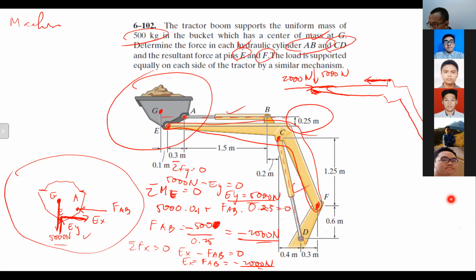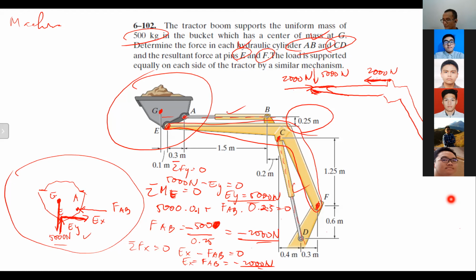So that's the way to determine the direction of the two-force member. Then at point B it is under tension as well, 2000 newtons.